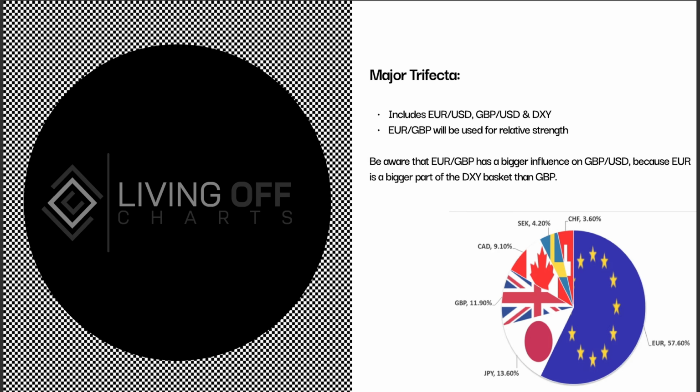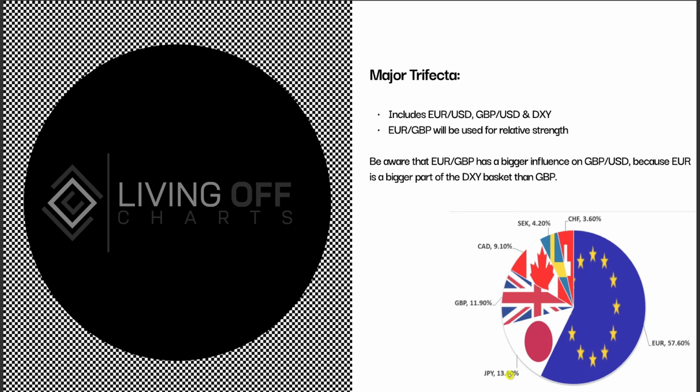But if we look at this basket, obviously the biggest part is the euro. It's 57%. So euro is always the strongest correlated asset when we use DXY. And you guys always see me trade Euro USD because that's very closely correlated to DXY. And I only switch to different assets if I have a more favorable relative strength indicator somewhere else.